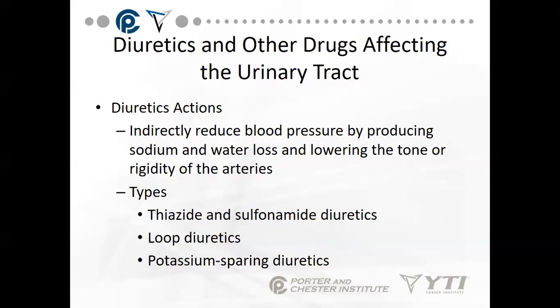So when we get to certain drugs that are used on it, if you know exactly how the system works, it'll give you that broad picture: this is how it works, and when it's not working, this is why we need to take certain medications. So the first set of medications are your diuretics. We're going to look at diuretics and other drugs affecting the urinary tract.